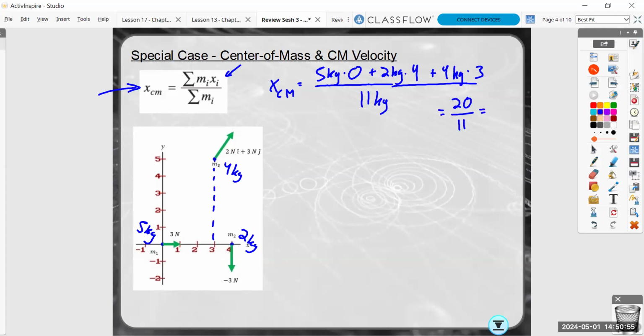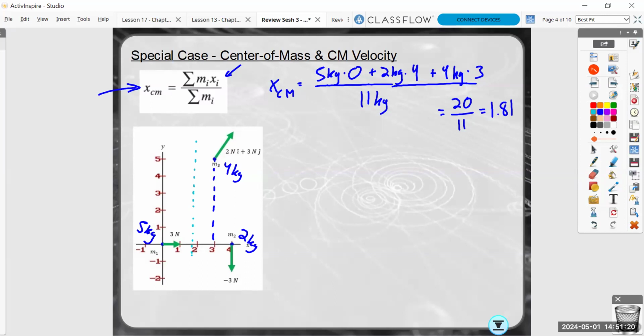Which is, of course, just a gorgeous, perfect, beautiful number, which is going to be about 1.81. So the x coordinate of our center of mass is about there. 8 plus 12, yeah.